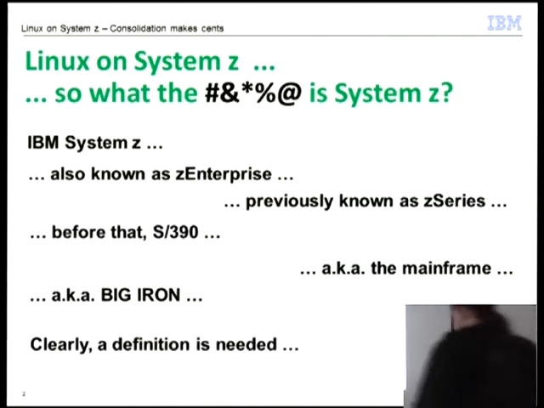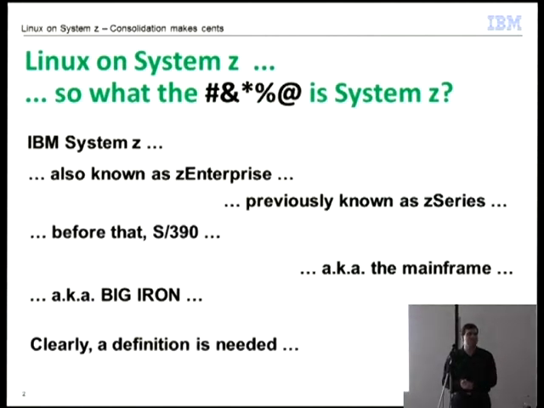Previously known as Z Series, before that S390, and even before that all the way back to System 360, aka the mainframe, aka Big Iron, aka the big, bad, expensive machine.